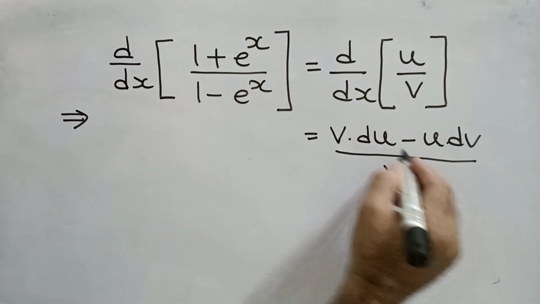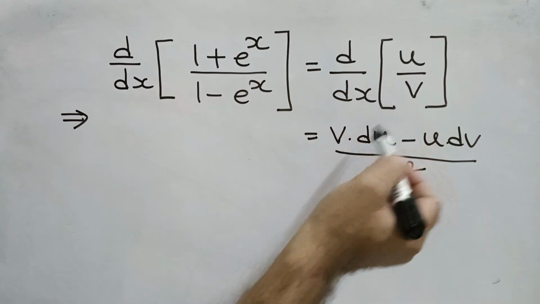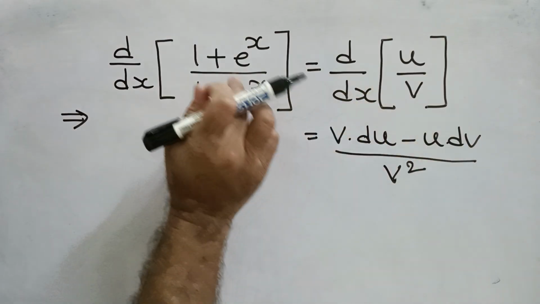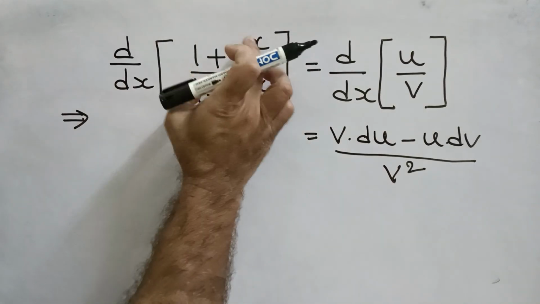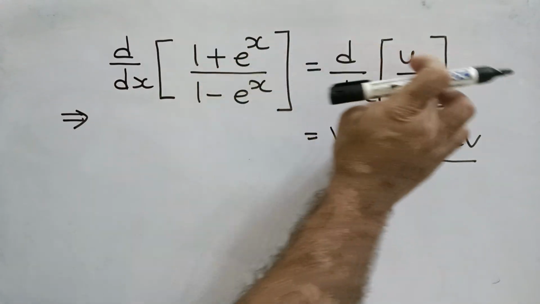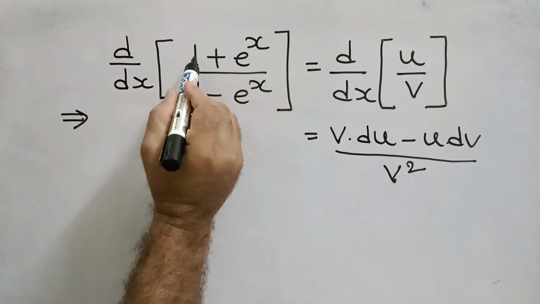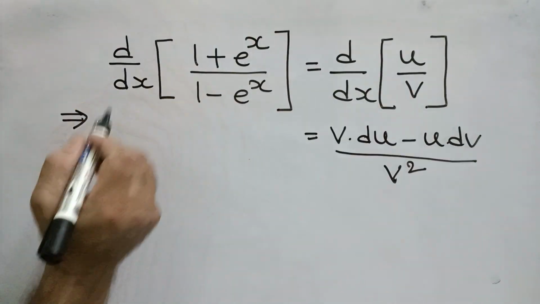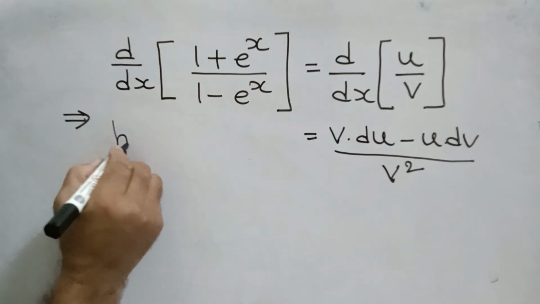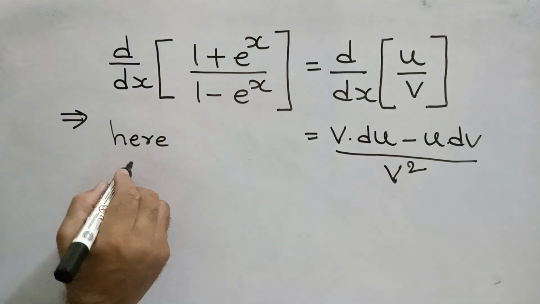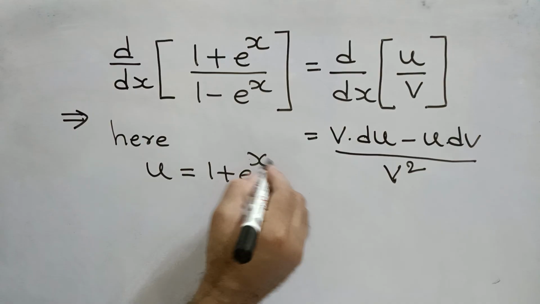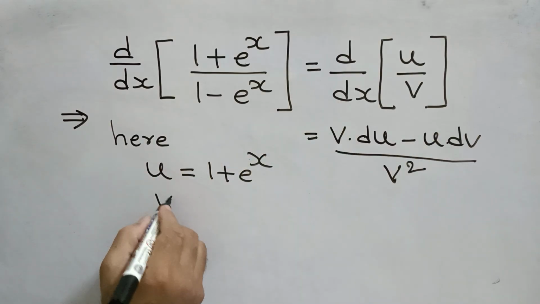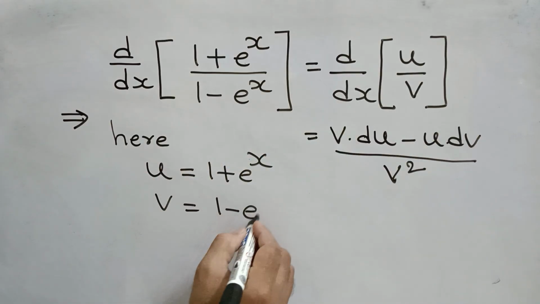If you remember this formula, we have to substitute these two terms in the same formula. So, if you compare this particular expression with our general formula, 1 plus e^x is nothing but your u. So here, what is your u? u is equal to 1 plus e^x. What is your v? v is equal to 1 minus e power x.